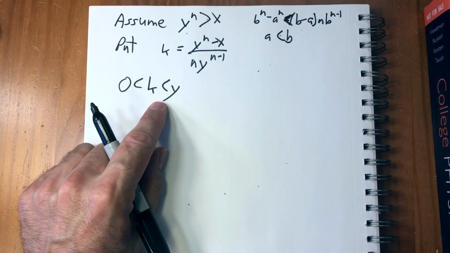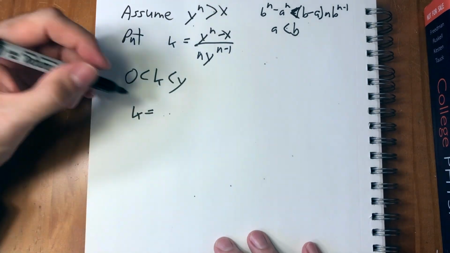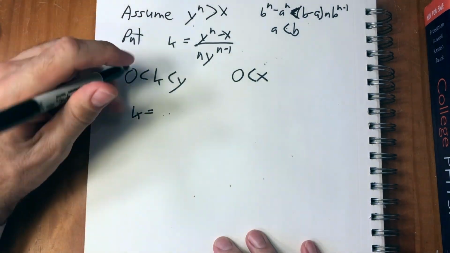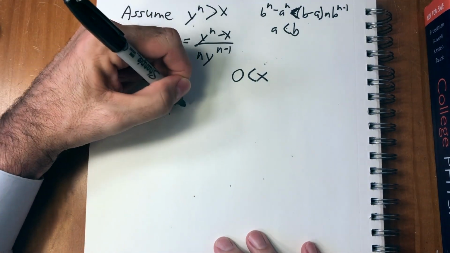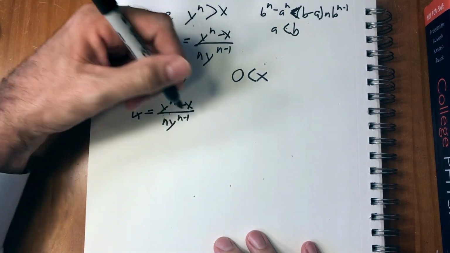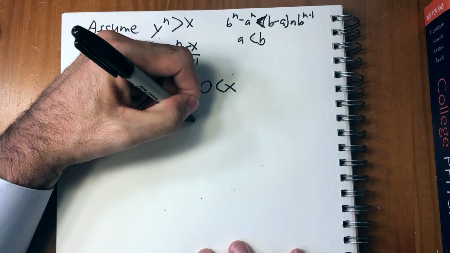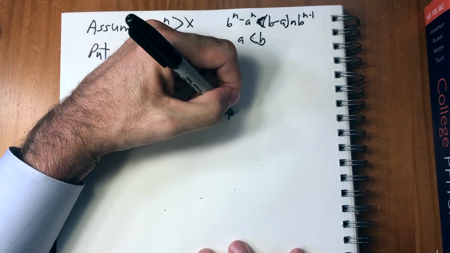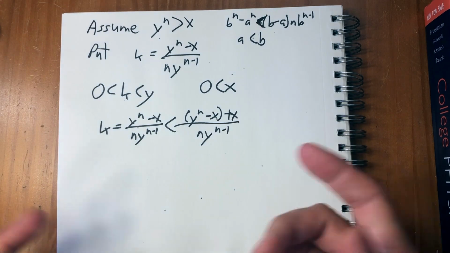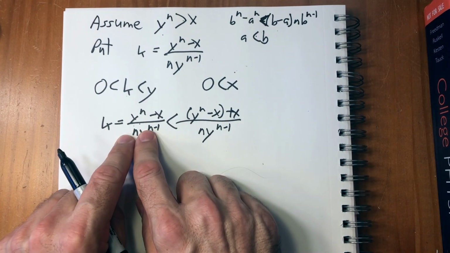k is less than y because, we know that x is greater than 0, right? x is positive. So we know that k equals y to the n minus x over n y to the n minus 1. If we just add an x to the numerator there, we know that x is positive, so if we add x here, it's obviously bigger than this one.